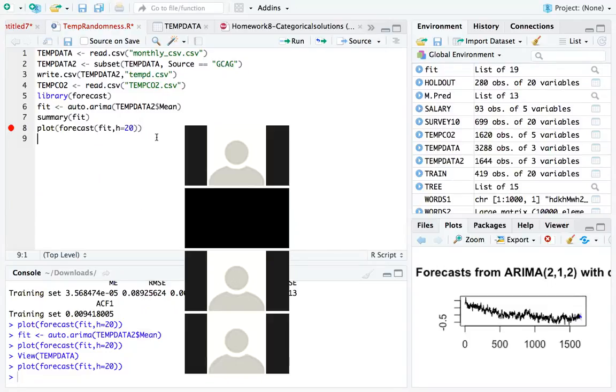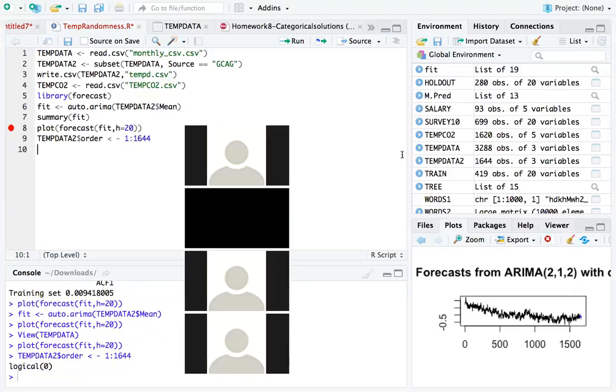So we'll just talk about this briefly here. I hear so many people talk about order, so let's go here to order. Watch this. We're going to store an order variable in here. Temp data 2 has 164 observations, so this should store it.